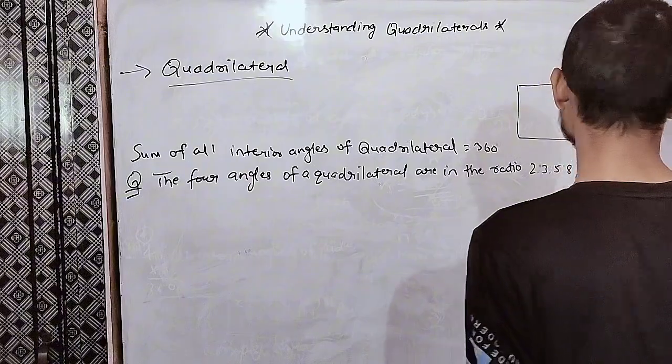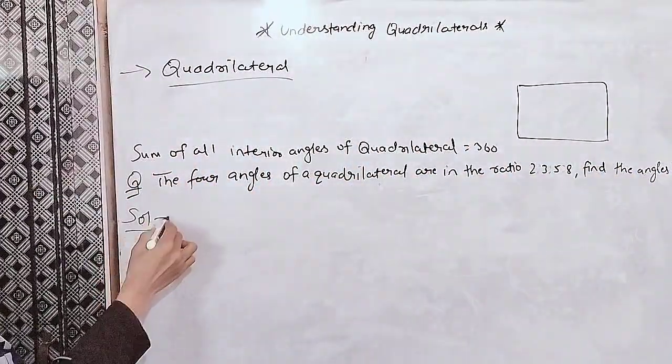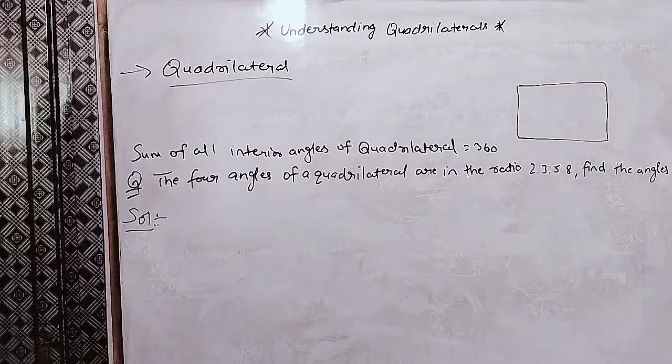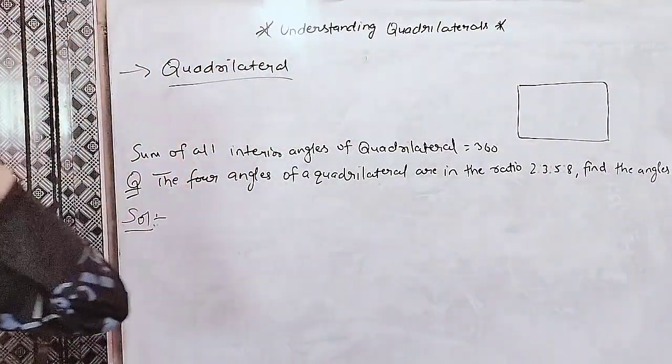Find the angles. This is the question. Now tell me, what is the process to solve it? Do you have any points? The question says the four angles of a quadrilateral are in the ratio 2, 3, 5, 8.